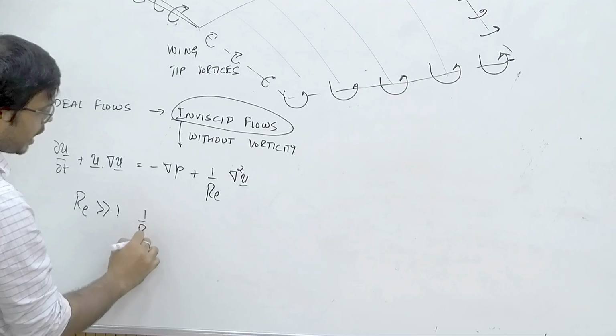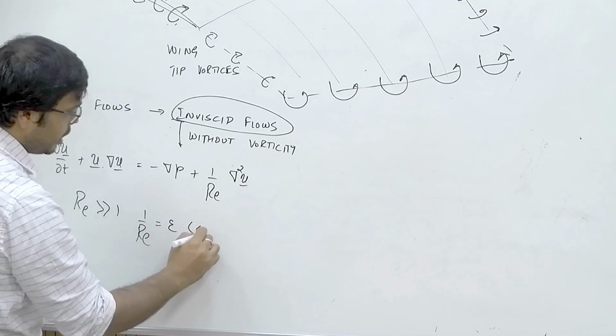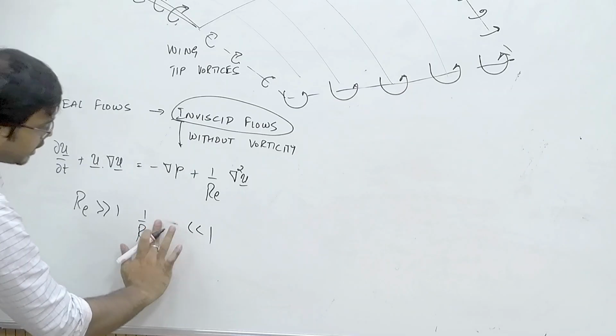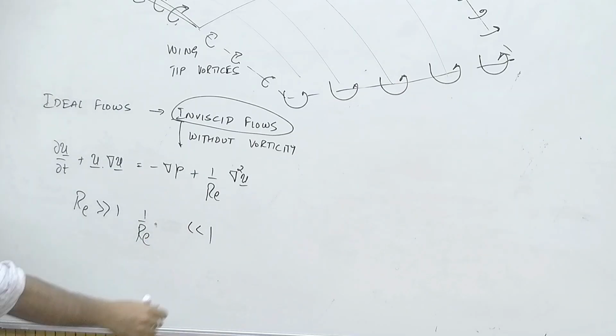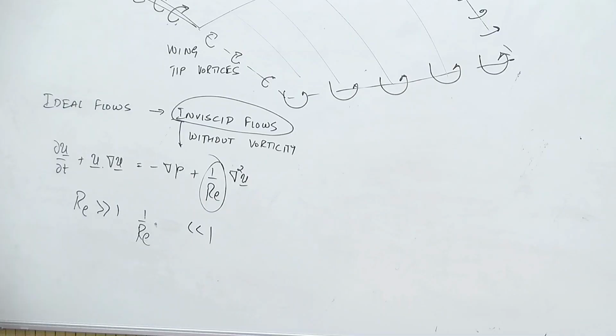So, 1 by Re, which is some epsilon, is much less than 1. So, I am going to just drop this out naively and ignore any viscous effects.